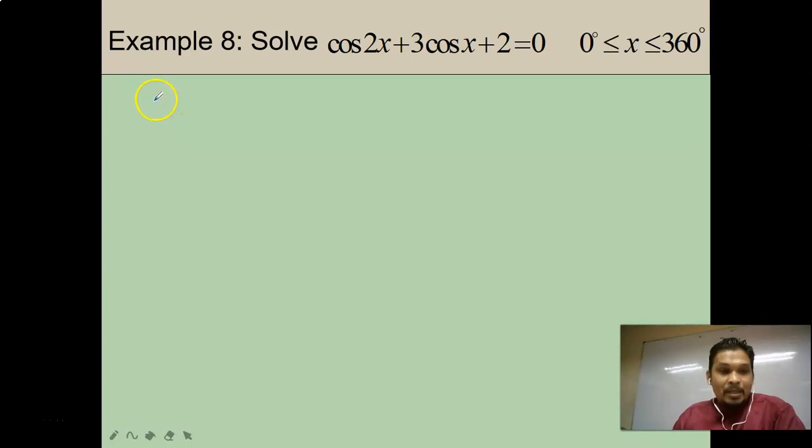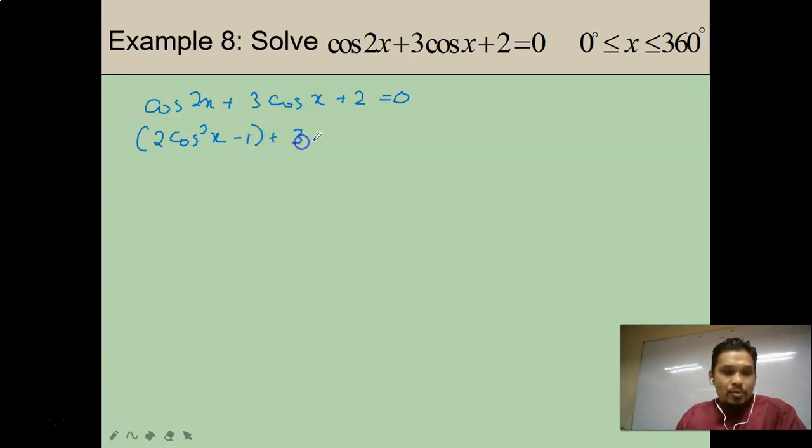So first, cos 2x plus 3 cos x plus 2 equal to 0, and this one comes up with 2 cos square x minus 1 plus 3 cos x plus 2 equal to 0.